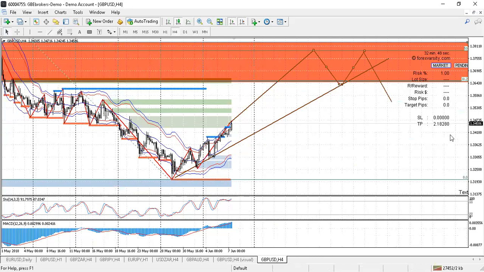Look for divergence as well on the double tops. And then you could do Fibonacci's, and then you would want to be getting in on some ABCs coming down on the 4-hour and even the hourly.